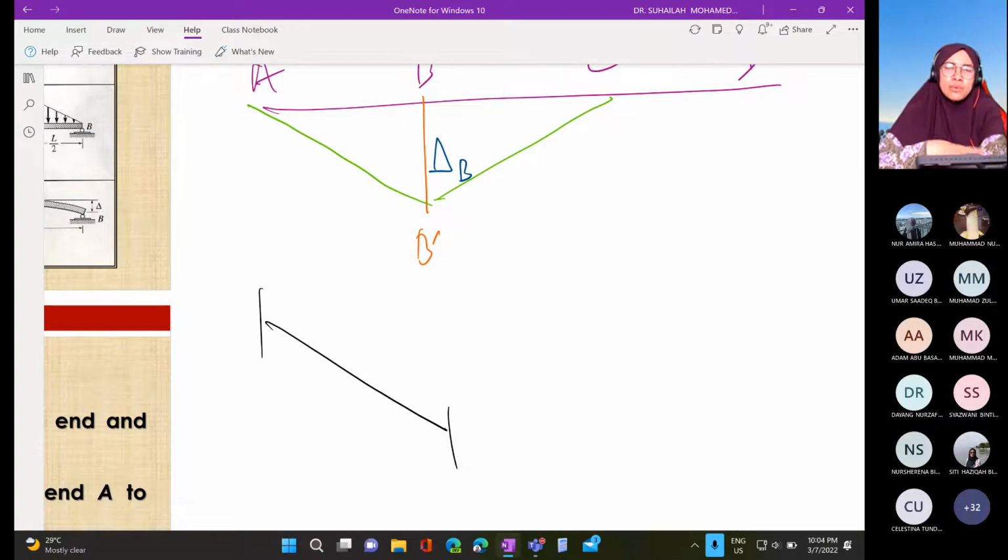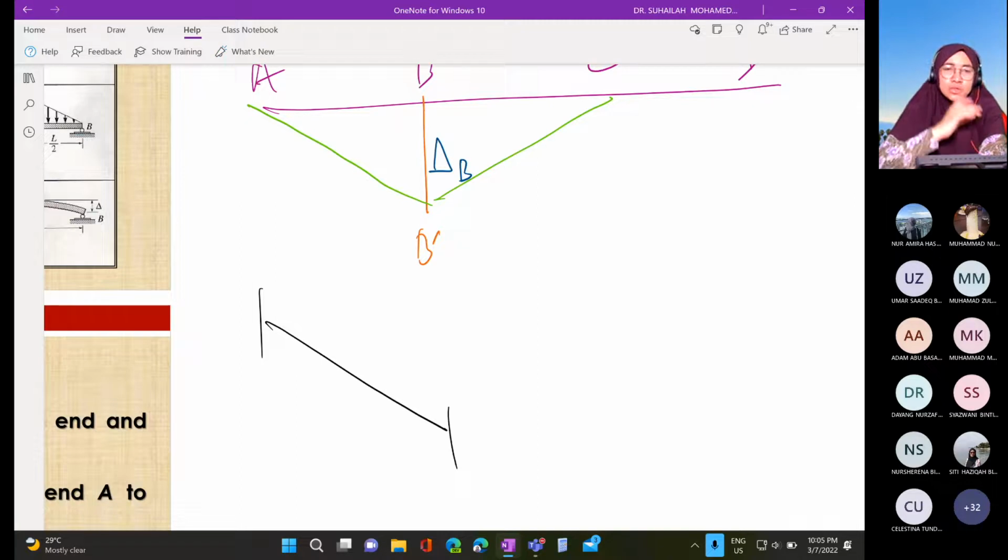The moment will push the new position of beam to move back to its original position. So in this case for AB, kita nak apply moment clockwise ke anti-clockwise?